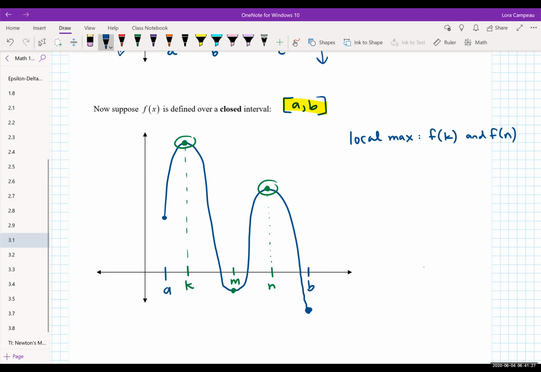And then if we have a local minimum, you can see we have ourselves a local min. Right away we see f of m.